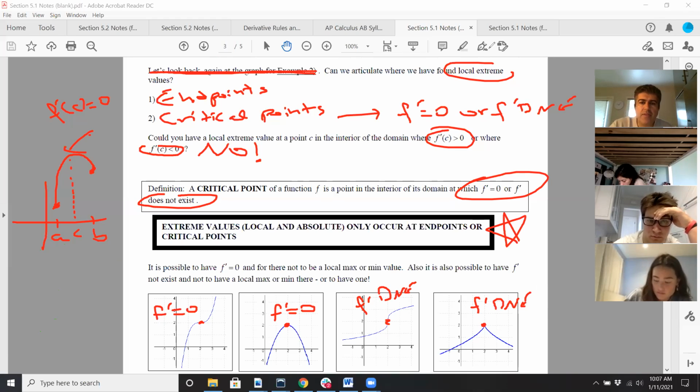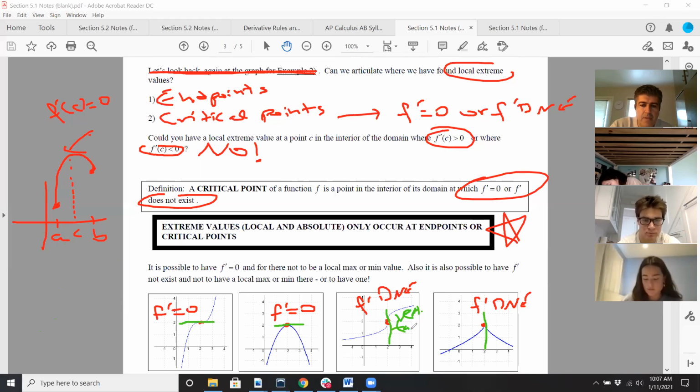Now, why is the derivative 0 over here? Because you have a horizontal tangent. Here you have a vertical tangent. Here you also have a vertical tangent. Remember, we called this a vertical tangent back in the day. Remember, we called this a cusp. That's because the left-hand derivative did not equal the right-hand derivative.